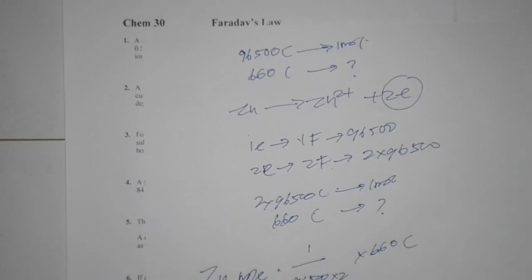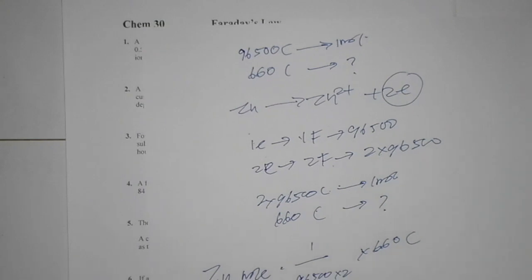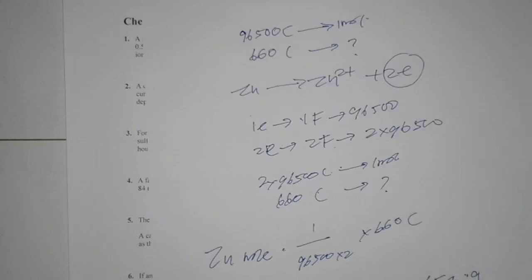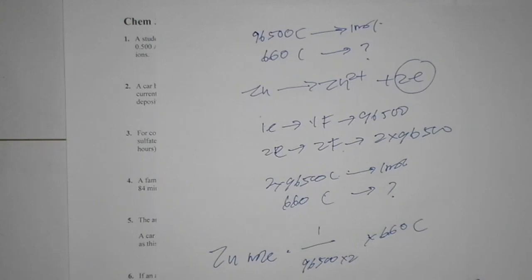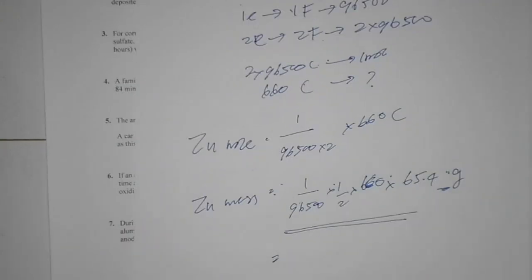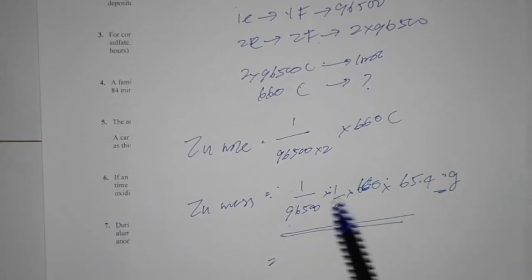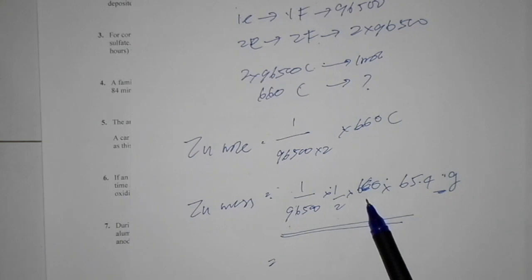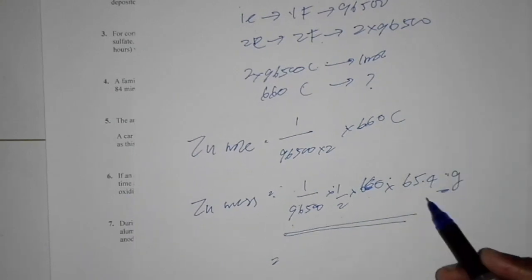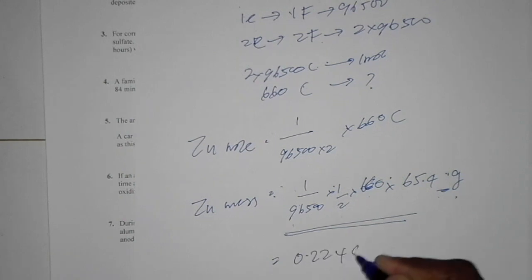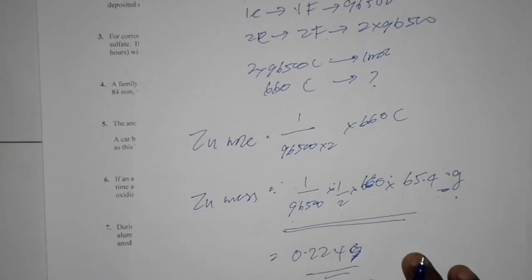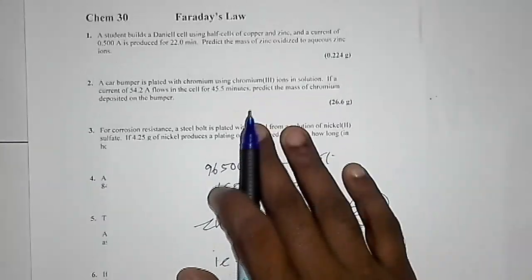So this is the final mass equation. The final answer: the mass is 1 over 96,500, 1 over 2, and 660, finally times 65.4 grams, and you get the final mass. It is about 0.224 gram.